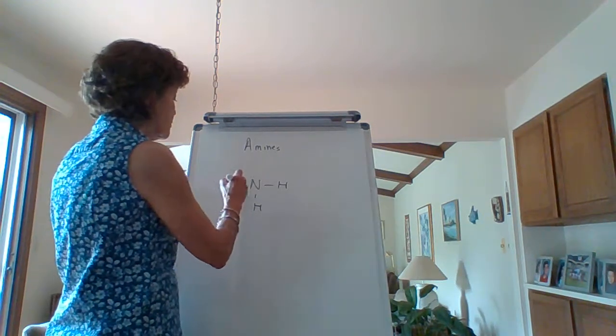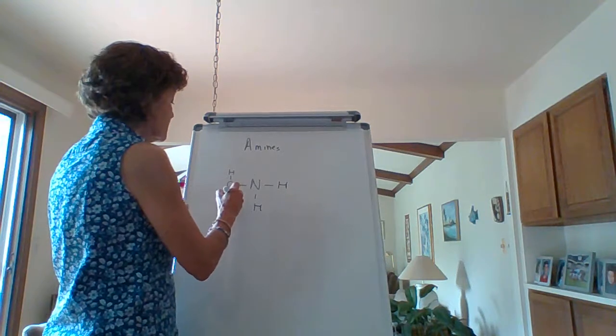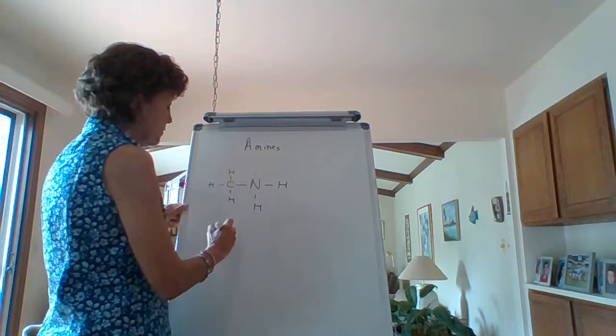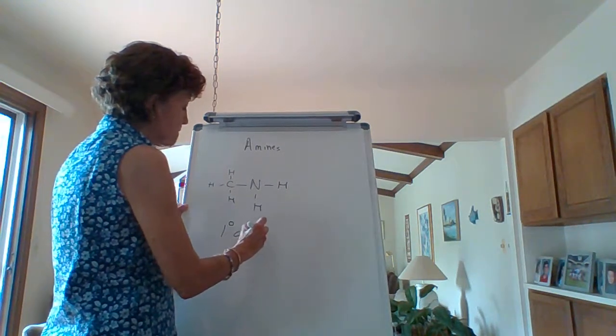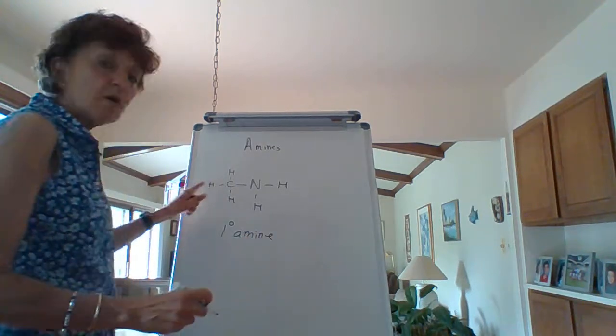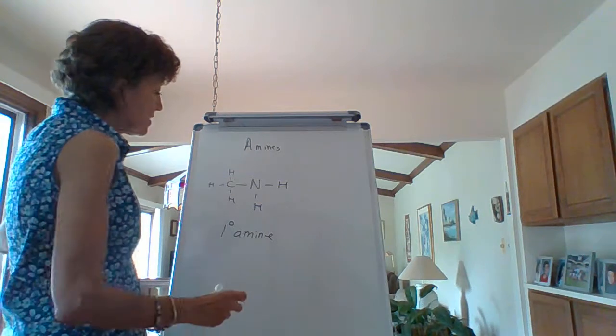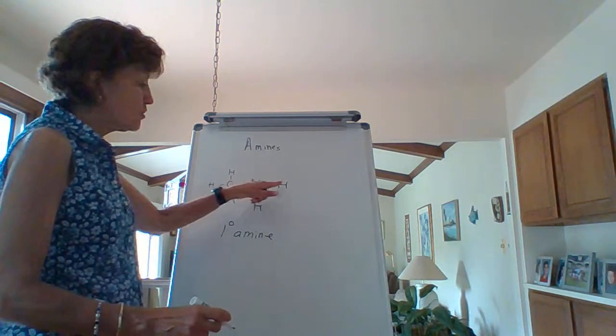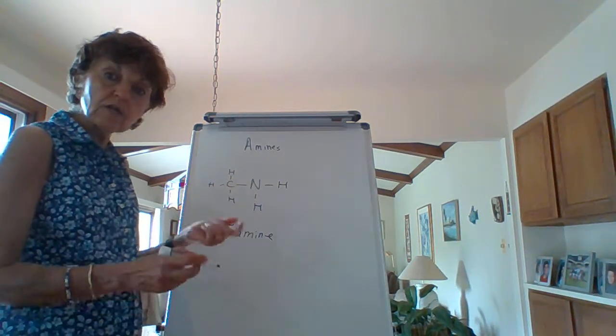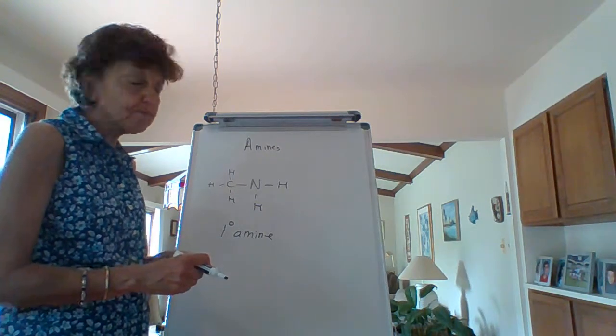So like I showed you earlier, this would be an example of a primary amine. You could have 2 carbons, you could have 10 carbons, you could have 100 carbons, all in this direction. But so long as this nitrogen has 2 hydrogens attached to it, that's a primary amine.